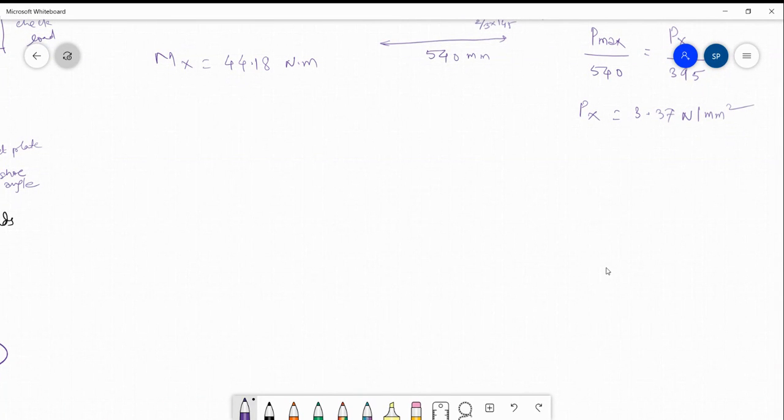Now this external bending moment has to be equated with moment of resistance of section, which is given by 1.2 multiplied by Z into Fy upon gamma m0. So 1.2 Z is Bt square by 6. We have assumed B as unity, into Fy upon gamma m0.